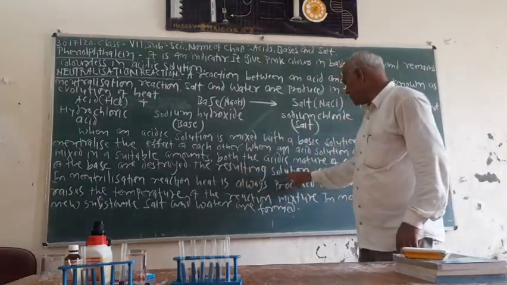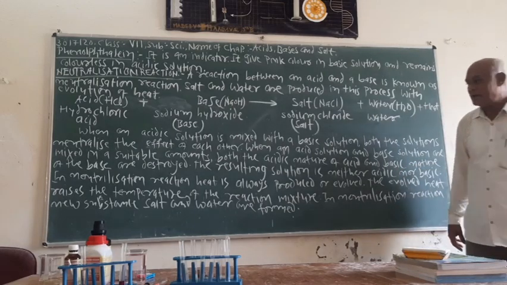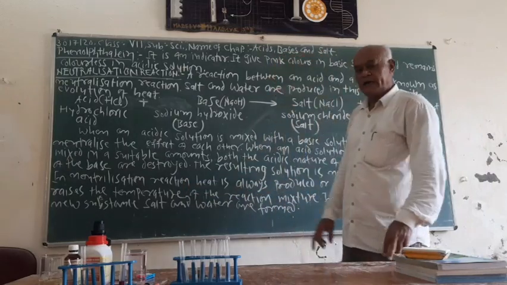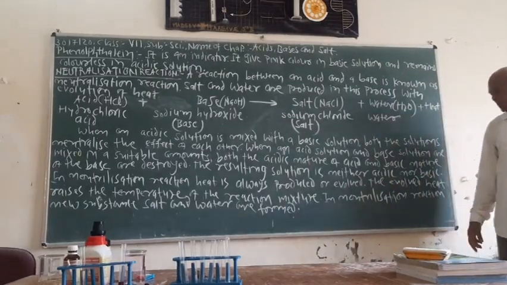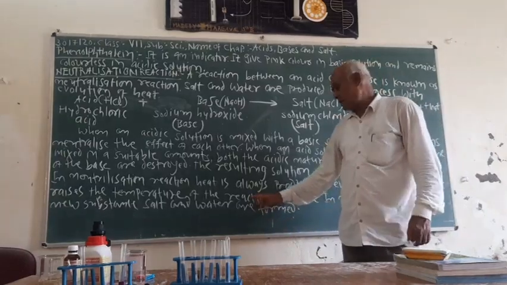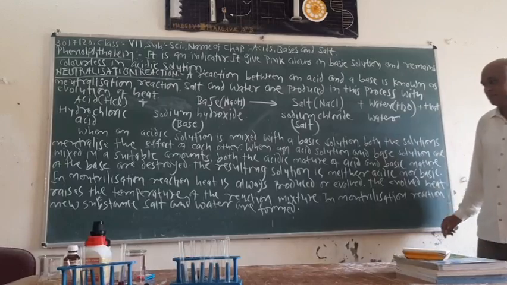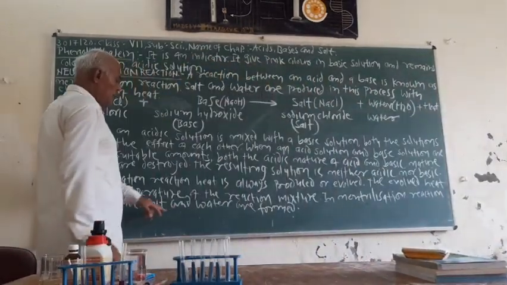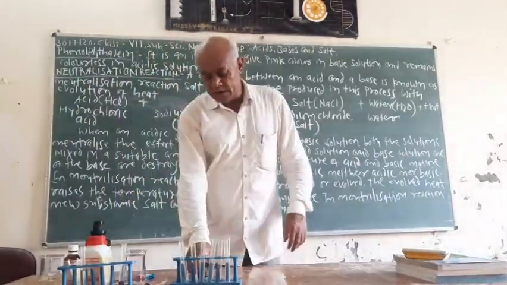The resulting solution is neither acidic nor basic. In a neutralization reaction, heat is always produced or evolved. The evolved heat raises the temperature of the reaction mixture. In a neutralization reaction, new substances, salt and water, are also formed. So we study the neutralization reaction.